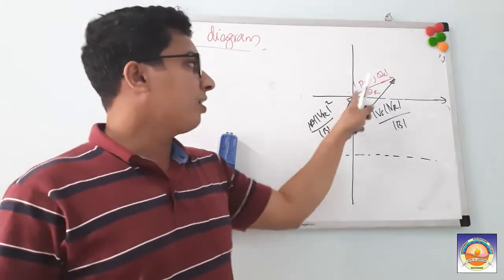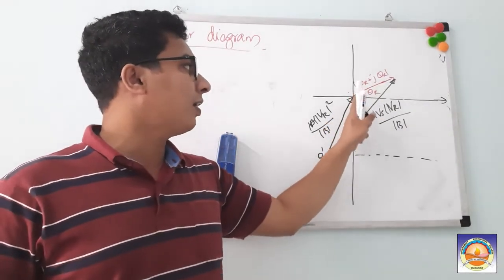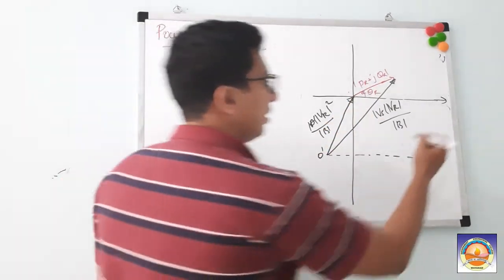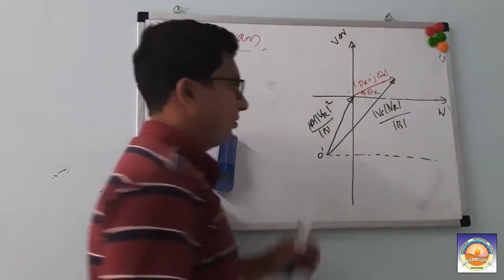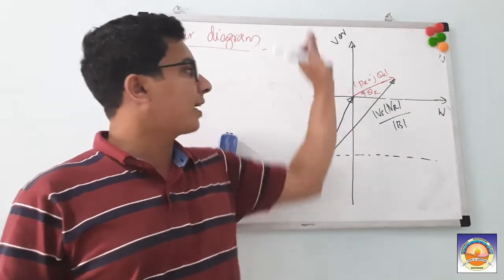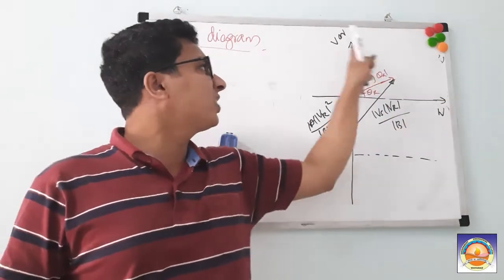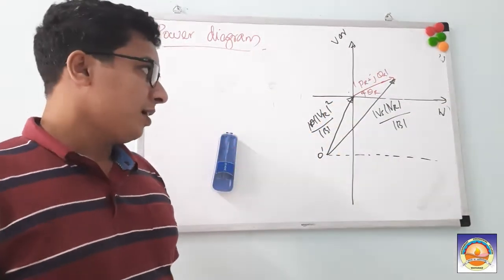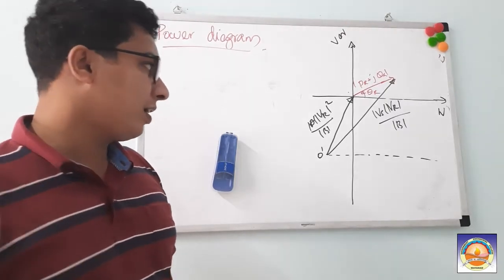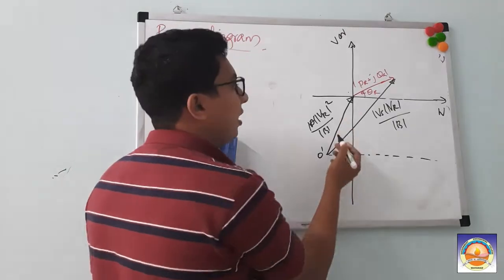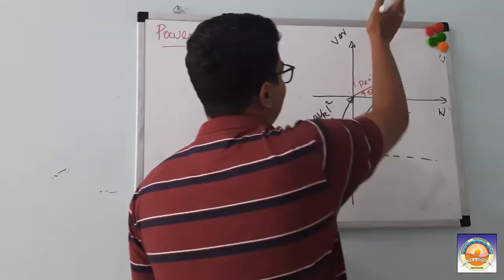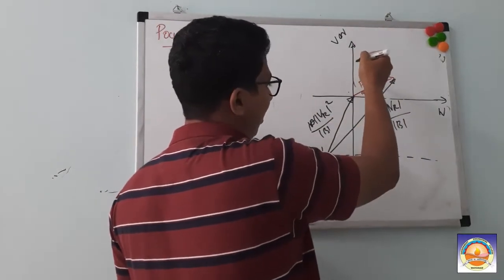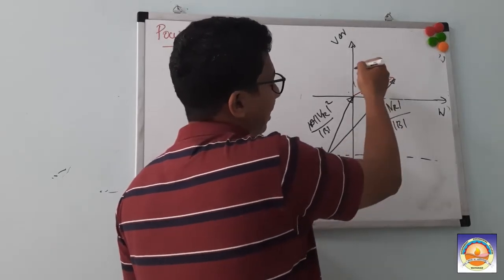So your PR plus jQR will reside on this origin part. This is in watts and this is in volt ampere reactive. One axis for active power, another axis for reactive power. Now, one interesting point here is that you can also mark the angle here: when it was on the upper side, it gave you beta minus alpha.